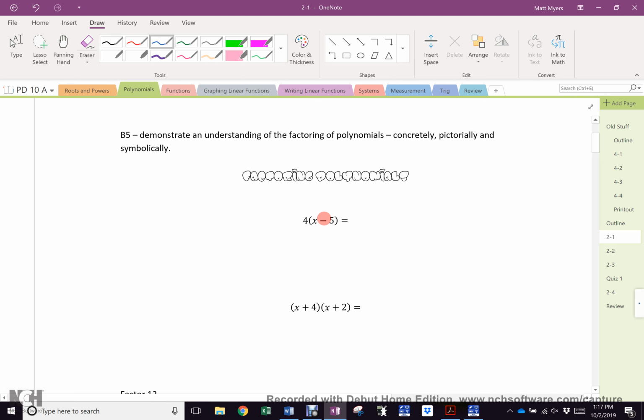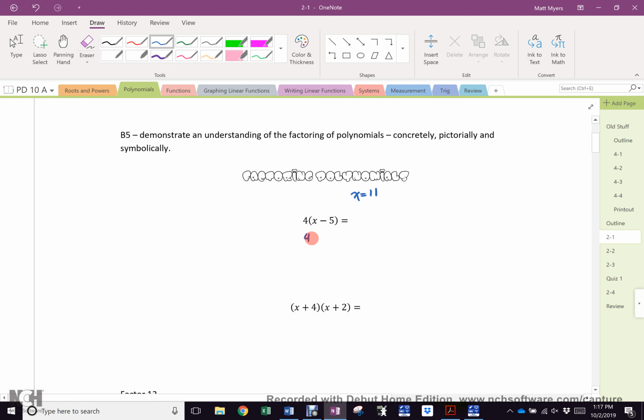So this part of this expression is some unknown number then from which we are going to remove 5. Everybody cool? So, if I told you that x equaled 11, then what would this be?